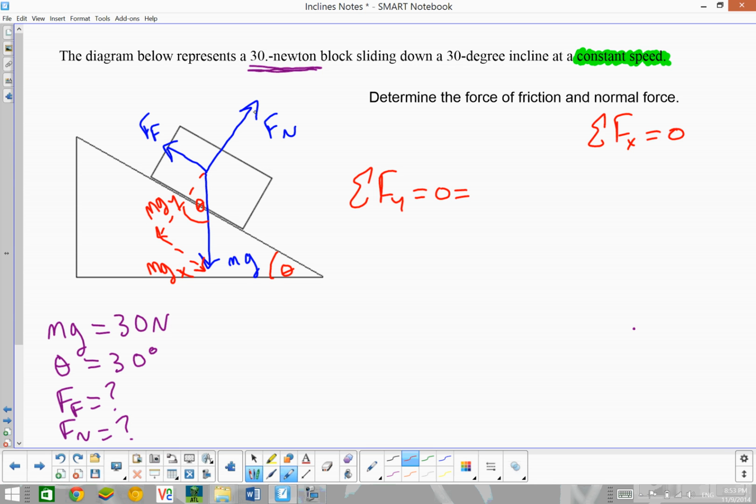Those are the only two forces in the y dimension. Because the normal force is pointed upward in the y dimension, I'm going to treat it as positive. So Fn is my positive force, and then I'm going to subtract my negative force, which is mgy. From that I see, if I add mgy over to the 0, I see that Fn is equal to mgy.